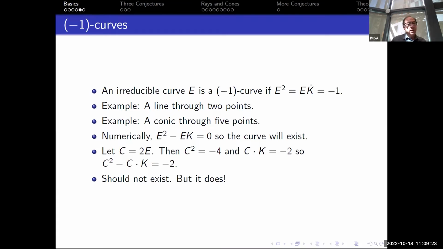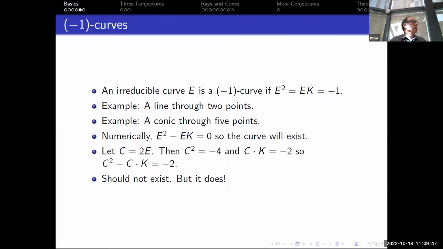One reason why is that suppose you look at what's called a -1 curve. A -1 curve is an irreducible curve on the blow-up, whose self-intersection is -1 and whose intersection with the canonical is -1. So an example would be a line through 2 points.